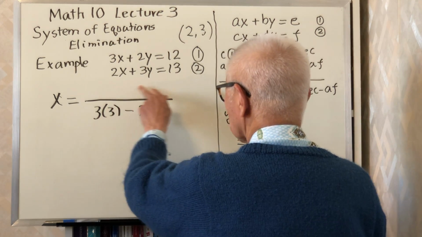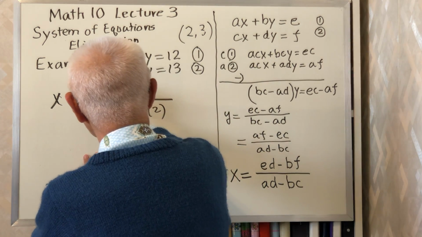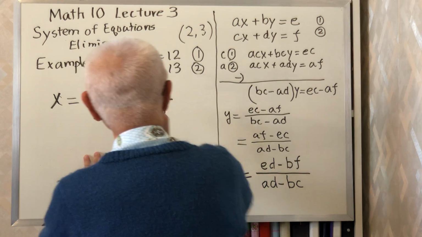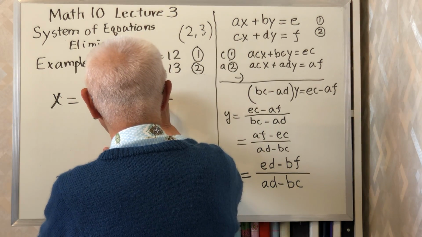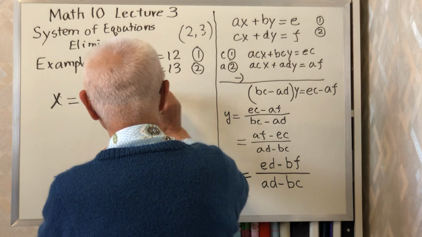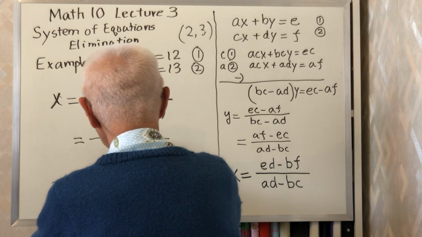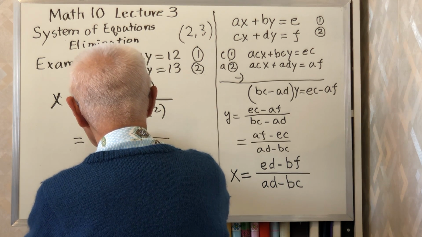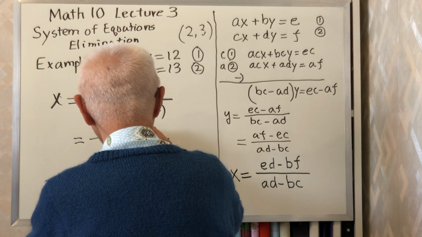What is on the top? It's this times that, minus this times that. So the result is 9 minus 4 and 36 minus 26.